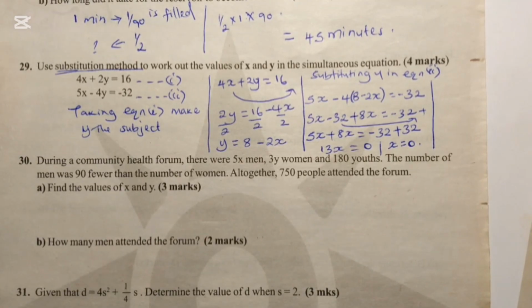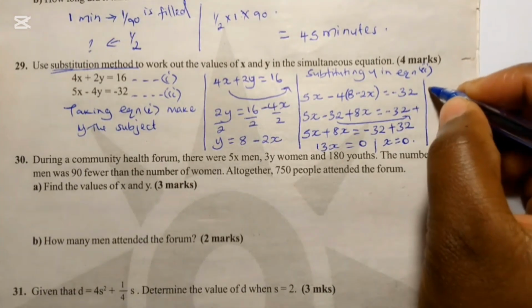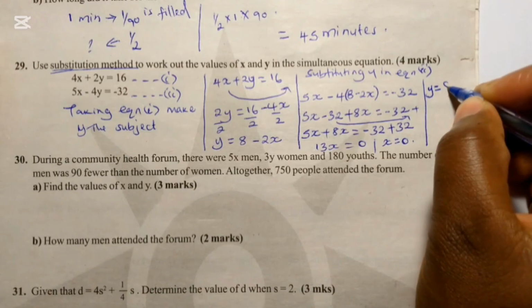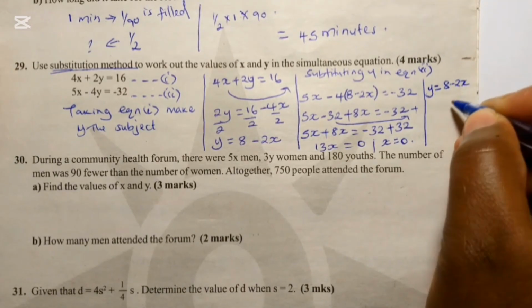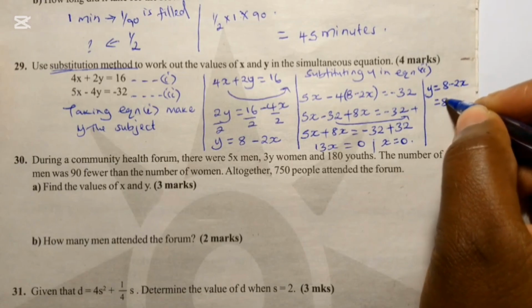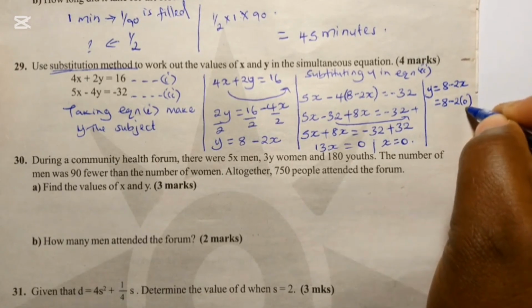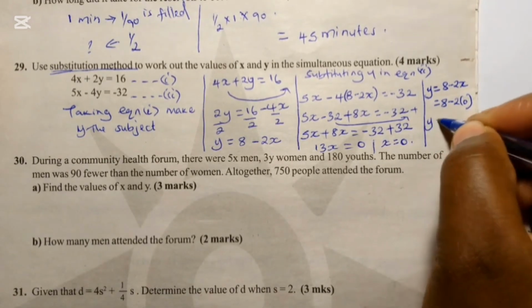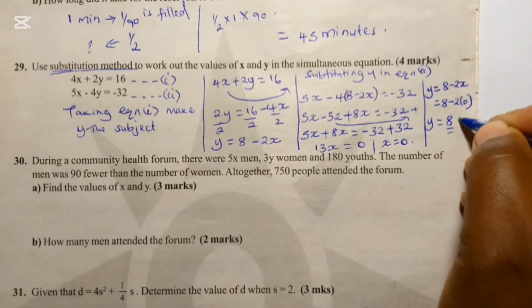Now the value of y, we already know that y is equal to 8 minus 2x, meaning that this will be equal to 8 minus 2 times 0, and y will be equal to 8.